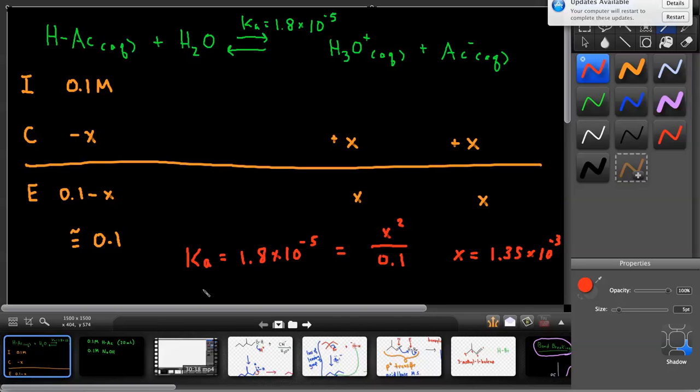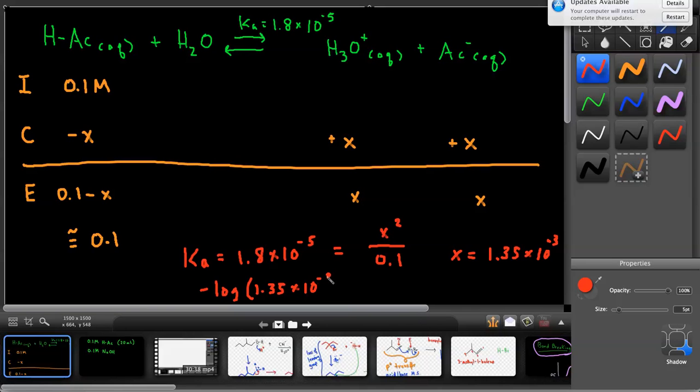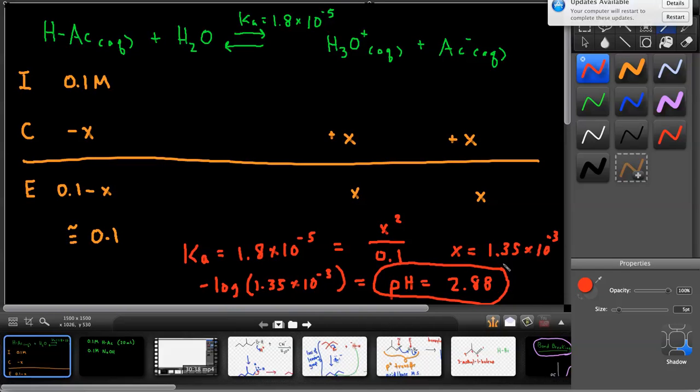I know that if I take the negative log of the concentration of hydronium, which we know is 1.35 times 10 to the minus 3, I will have the pH. And in this case, the pH should be right around 2.88. So this should be the initial pH that we read from our probeware before we actually begin our titration experiment.